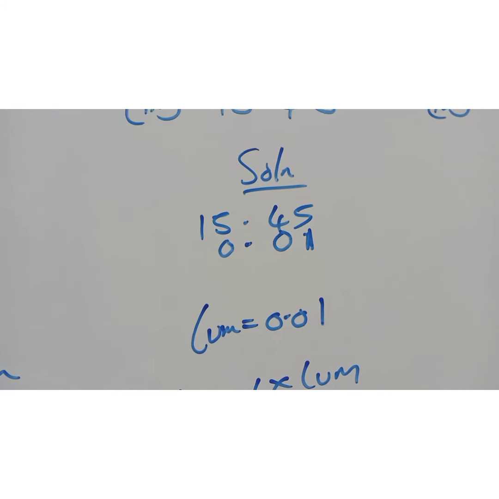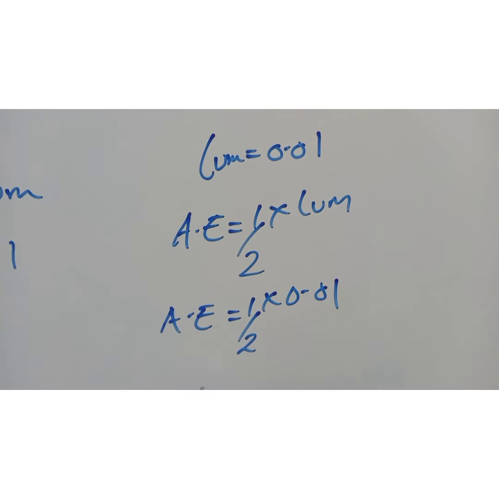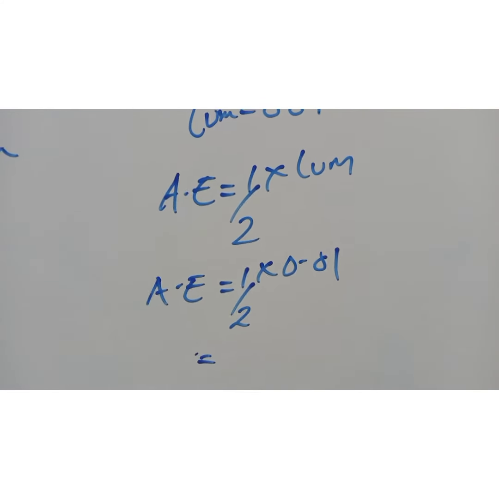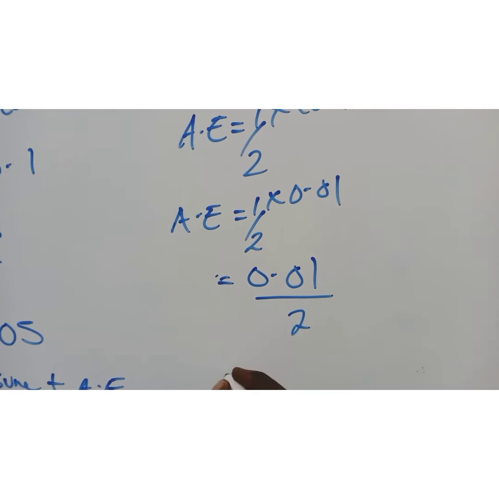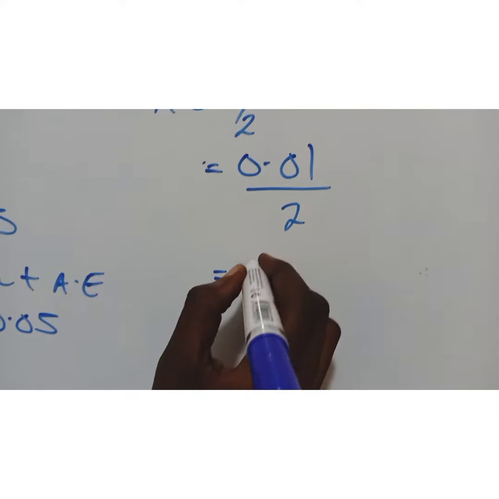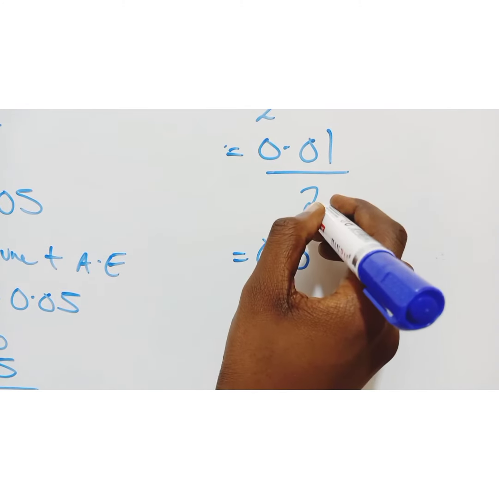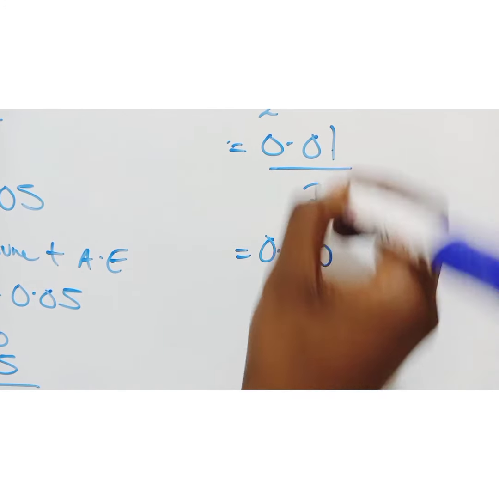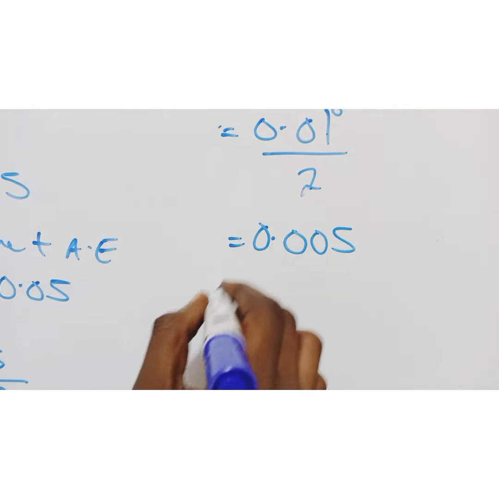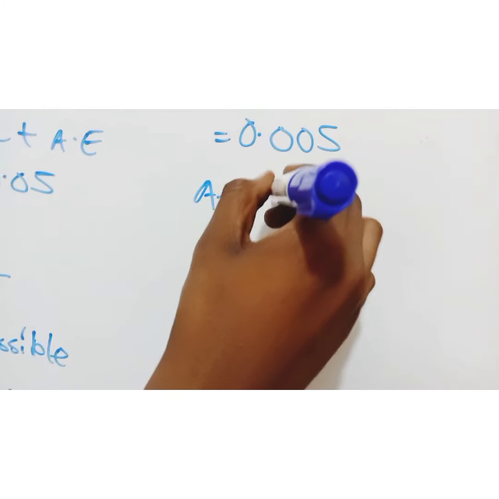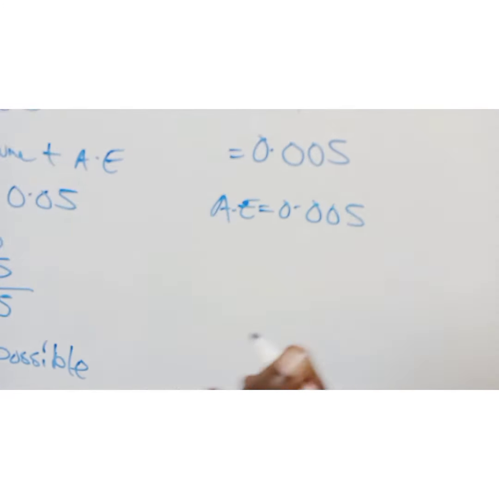So AE is equal to half times 0.01. So this will be 1 times 0.01, 0.01 over 2. 2 into 0 is 0. 2 into 0 is 0. 2 into 1 it cancels, we put our 0, add the 0 here. So 2 into 10 is 5. So absolute error is 0.005. Once you find this, you add it to your true measure.